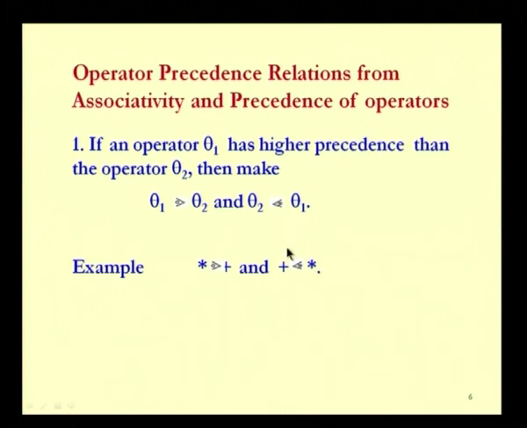In that case we do not consider the associativity information. Suppose we want to take the associativity also, in the case of plus and plus, we should know that the first plus is to be evaluated first.